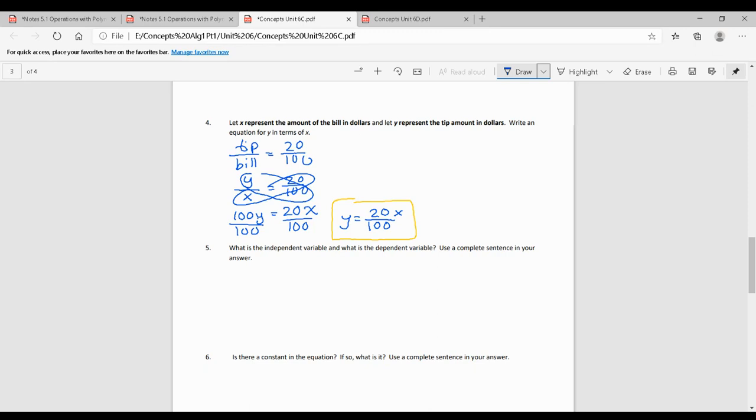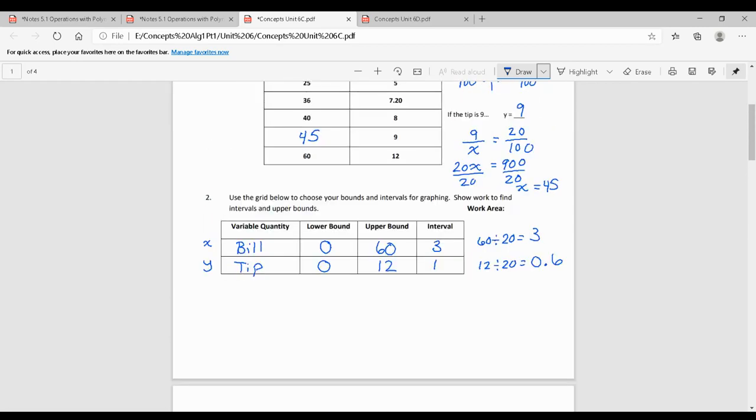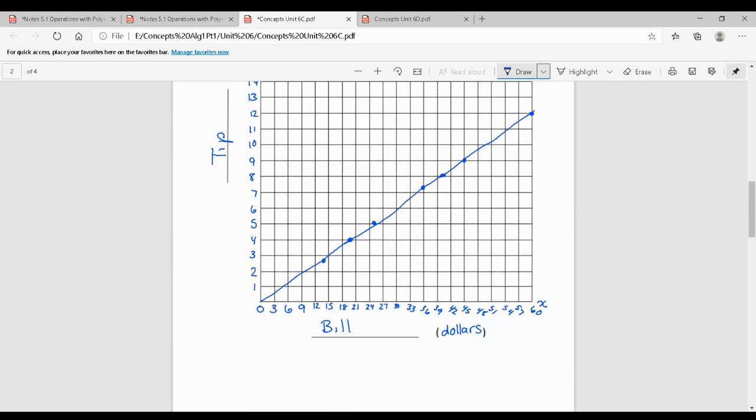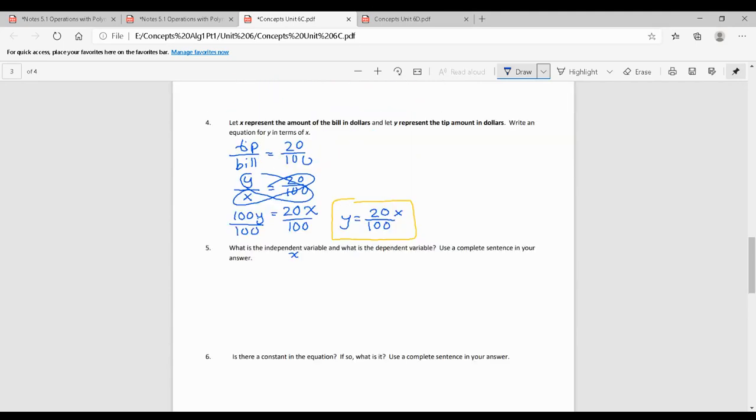If you know that independent means x, look up above at number 4. What are they telling you x should be? The bill. And what did we say the x-axis should be? The bill. And what did we say x should be in my charts? Bill. It's written 4 different times.